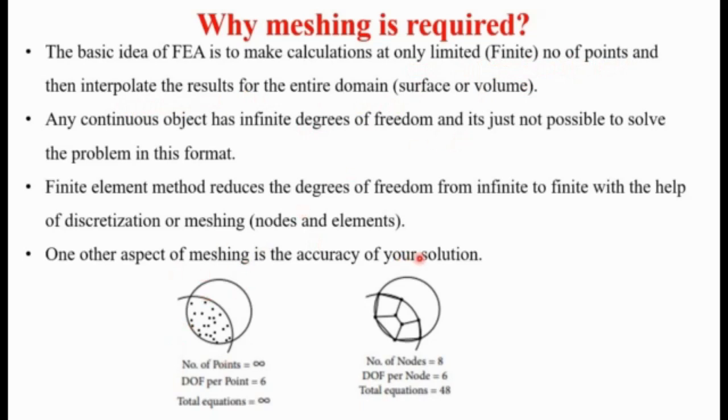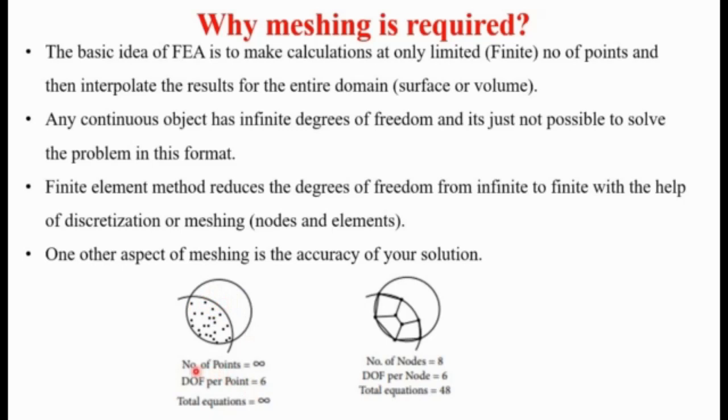Then, any continuous object has infinite degrees of freedom, and it's just not possible to solve problems in this format. Now, when we see this example, this is an object, and it has an infinite number of points, and each point has 6 degrees of freedom.